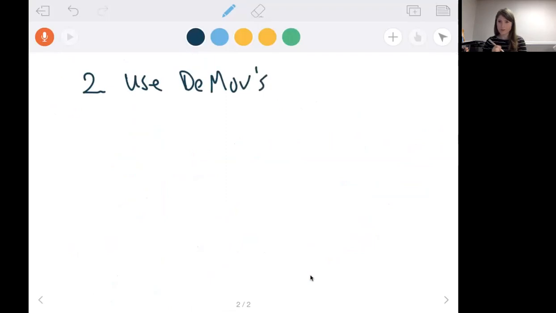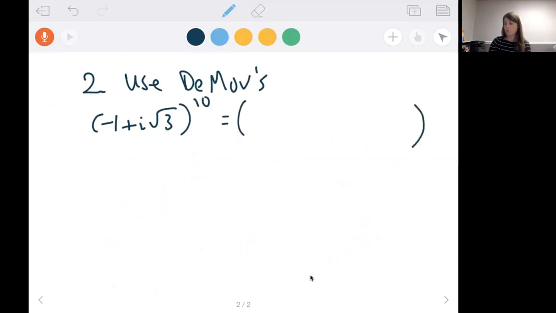No big deal. Use de Moivre's theorem. And we're going to take our -1 plus I square root of 3 to the 10th. And what we're doing is replacing it with our 2 times the cosine of 2 pi over 3 plus I sine of 2 pi over 3.